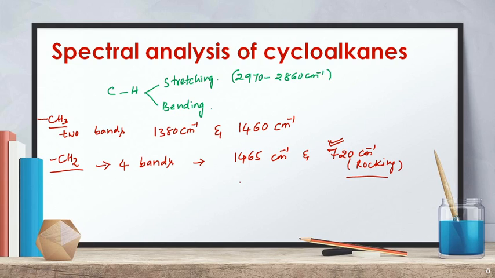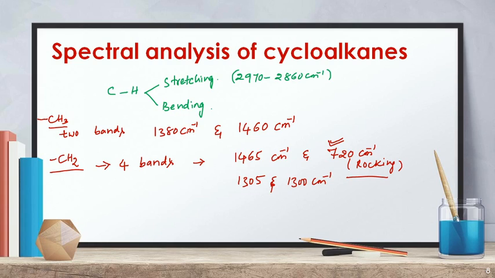And also 1305 and 1300. These two bands also appear in the spectrum, although they are rare; the other two absorption bands are more commonly visible.